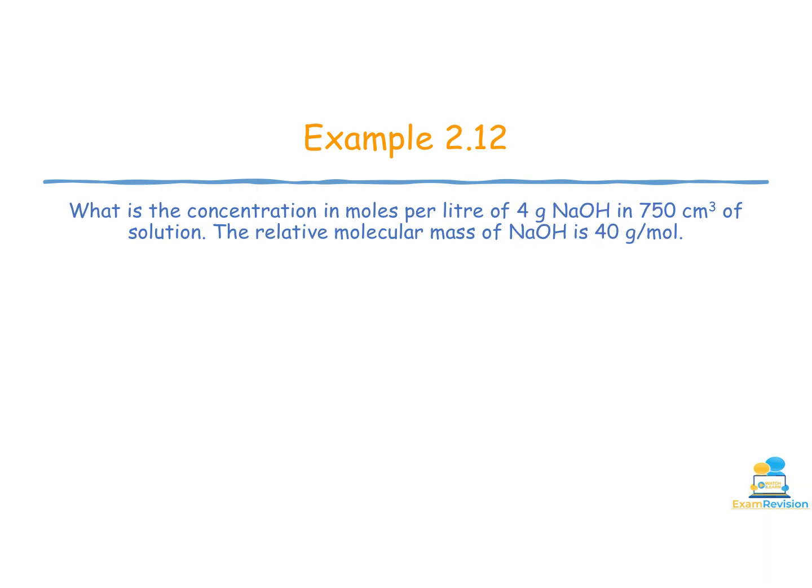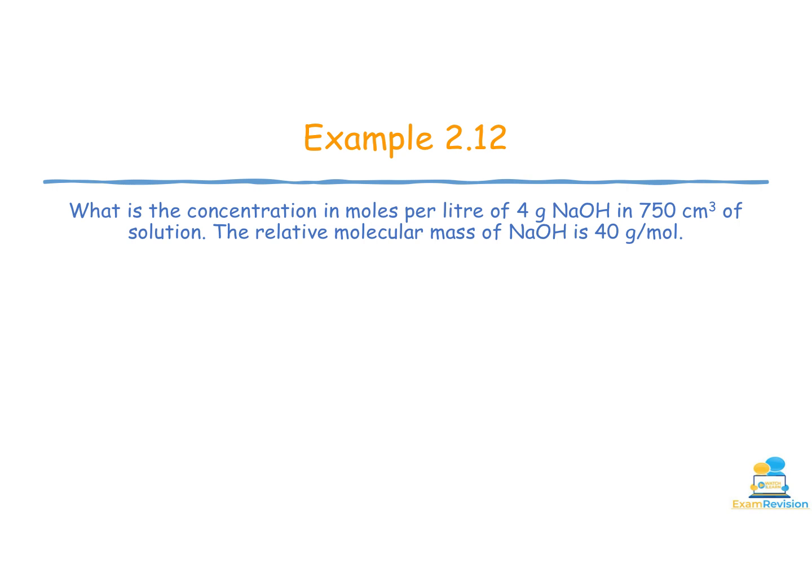Example 2.12 says, what is the concentration in moles per litre of 4 grams sodium hydroxide or NaOH in 750 centimetres cubed of solution? The relative molecular mass of sodium hydroxide is 40 grams per mole.